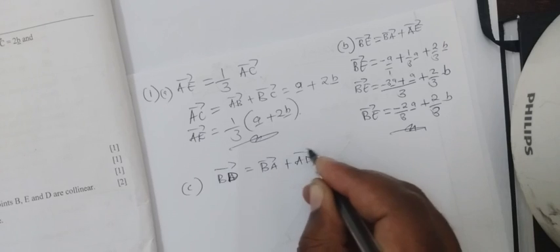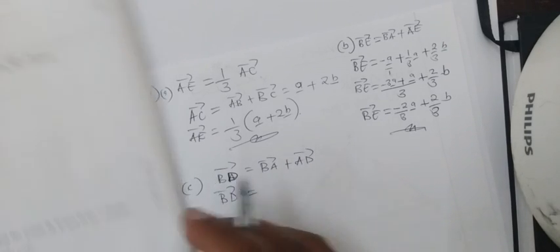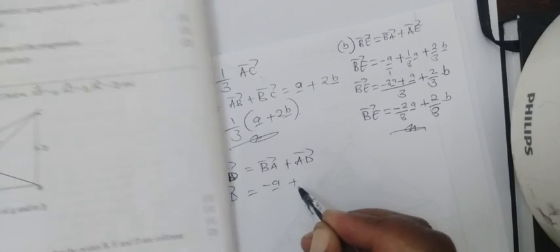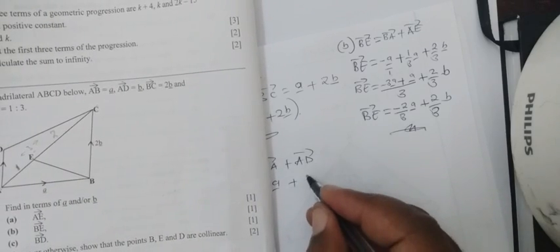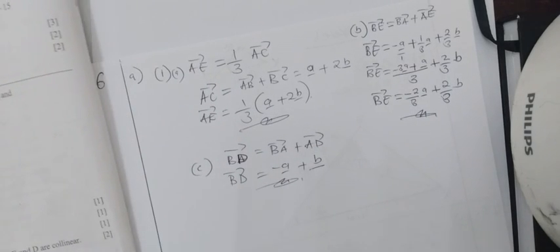So we'll say BD is equal to, what is BA? It's negative A. Negative A plus, what is AD? It's B. And this is your answer. Then Roman numeral 2.